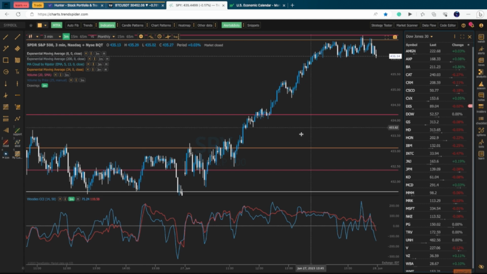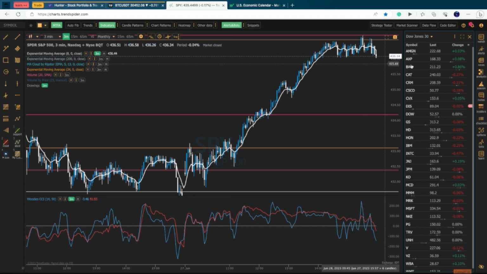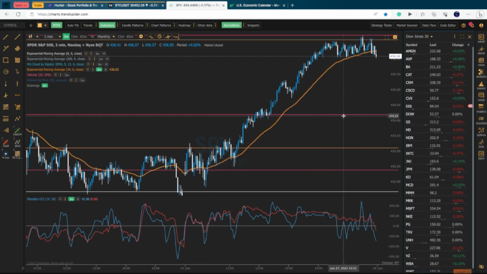But besides that, I actually like to use the 8 EMA. A lot of people use the 9. For me, I just like using Fibonacci numbers, so that 8 EMA works really well for me. And then the main part of this new system that I'm going to be introducing is this 34 minute EMA, another Fibonacci number.